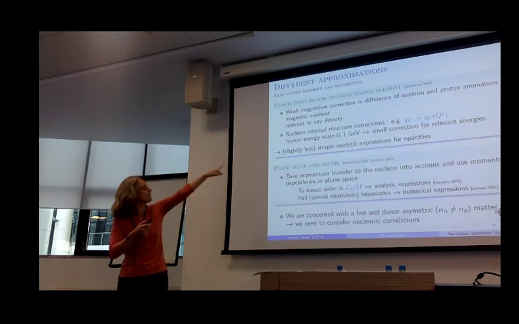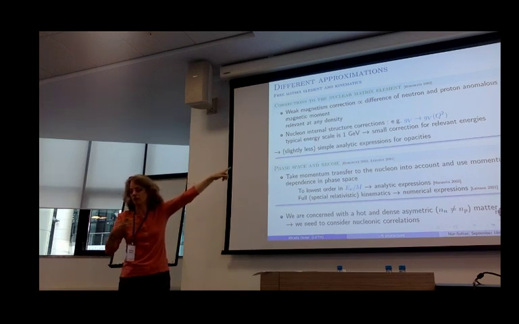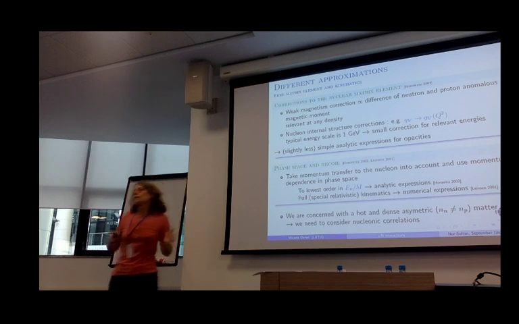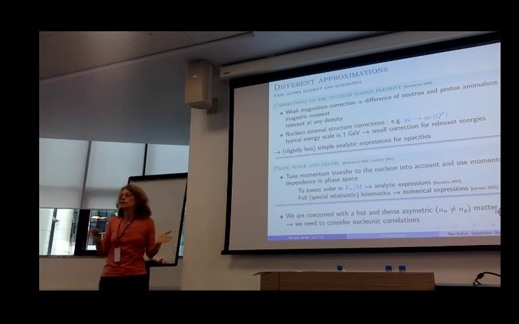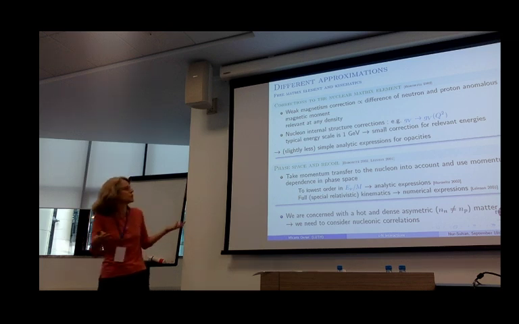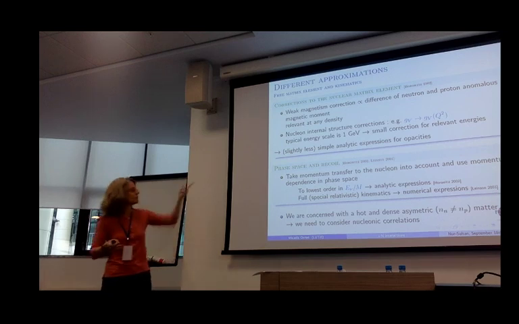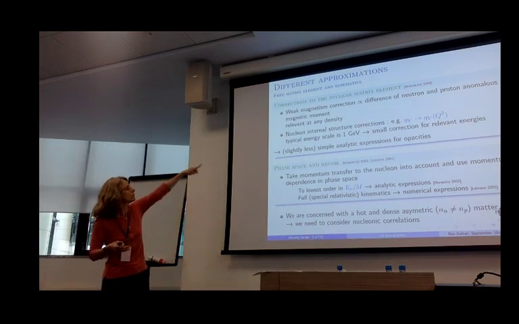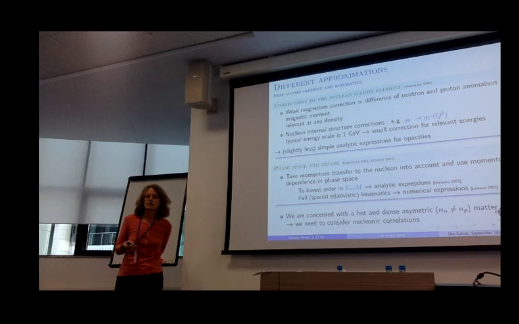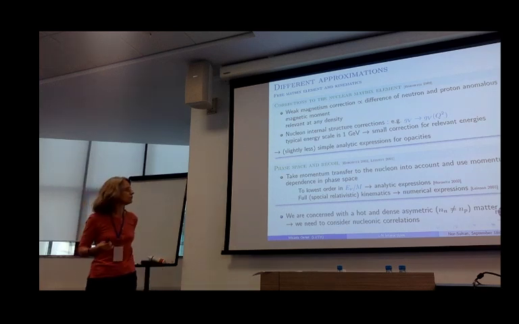But the nucleon internal structure should be important at an energy of the order of 1 GeV, corresponding to the nucleon mass. For the relevant energies we are concerned with, this is a very small correction. If you include it, you still get simple analytic expressions which you can put into the simulation.